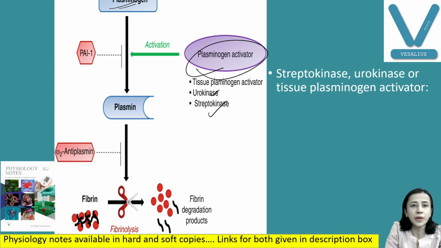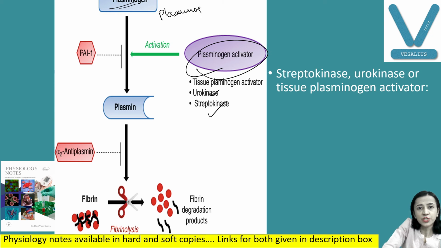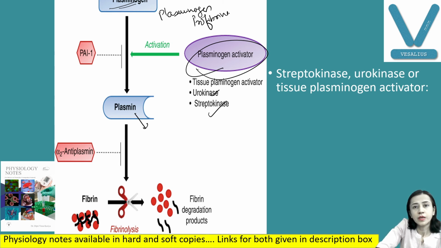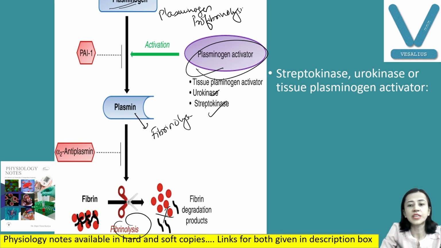Plasminogen, also known as profibrinolysin, is converted into plasmin, that is fibrinolysin, so it causes fibrinolysis, the degradation of the meshwork of fibrin. So that can be injected intravenously in the early stages of myocardial infarction and it removes the obstruction and prevents further progression of the infarction.